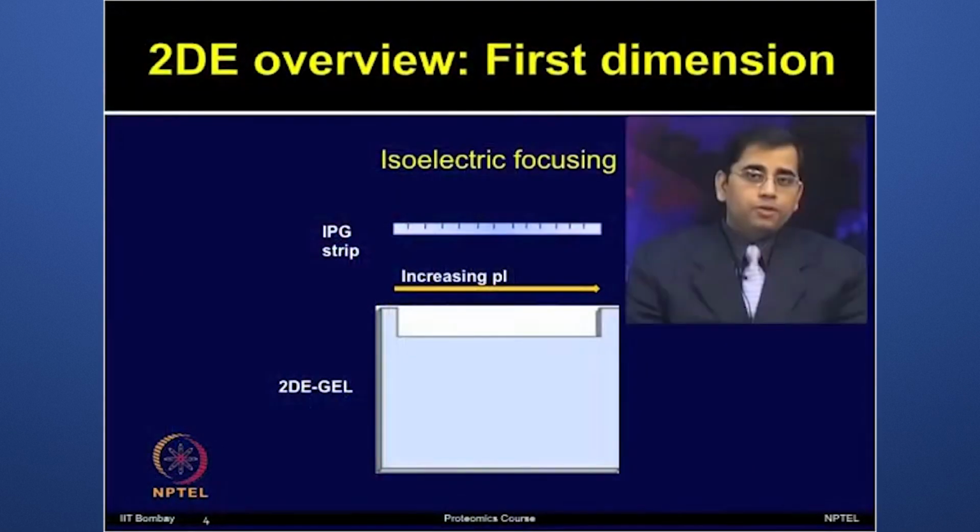First of all, you need to extract the protein from a given sample, and that becomes a very determining factor for various applications, regardless of whatever questions you have in mind which you want to address using two-dimensional electrophoresis. First of all, you need to make a very good protein extract, meaning it should have minimal interference from interfering components.